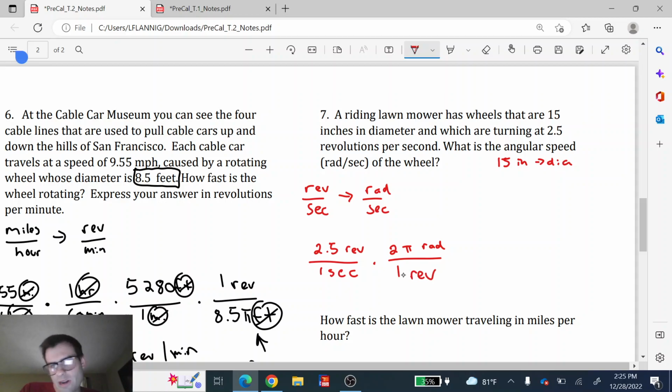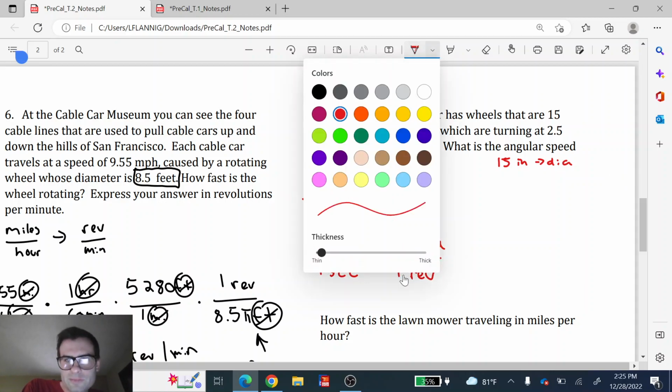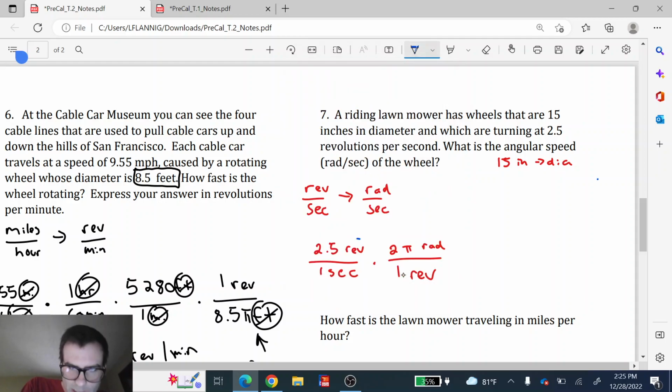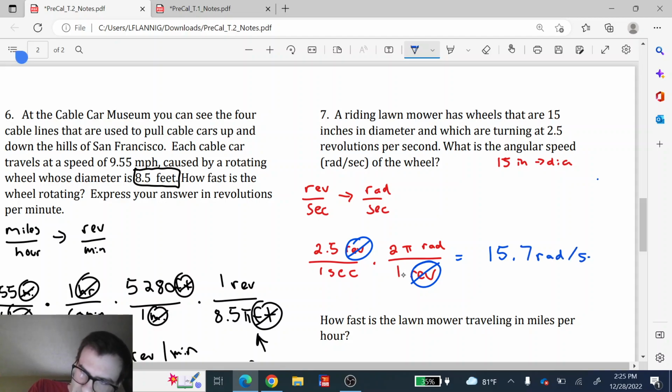That's going to get us radians per second. So that crosses out the revolutions here and the revolutions here. That gives us about 15.7 radians per second. Again, this is just calculator work.